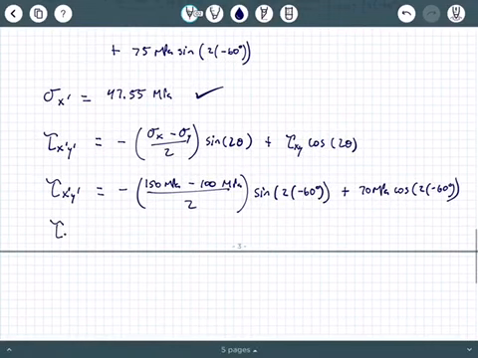Negative the quantity 150, and put your units in everywhere, please. 150 minus 100 divided by 2 sine of 2 times negative 60 degrees plus 70 megapascals cosine of 2 times negative 60. Again, that negative 60 indicates a clockwise rotation as was specified in the problem.